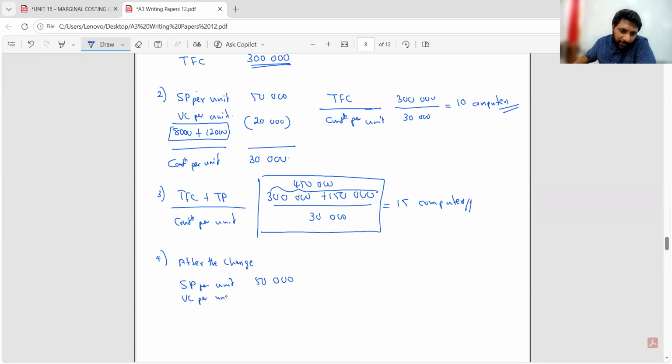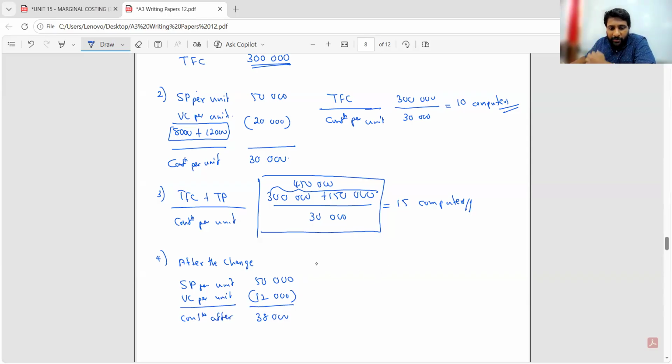Variable cost per unit, people, it will be only, tell me, only how much? 8,000 plus 12,000, only 12,000. Then new contribution will be how much, people? New contribution will be 38,000. Contribution after the change.